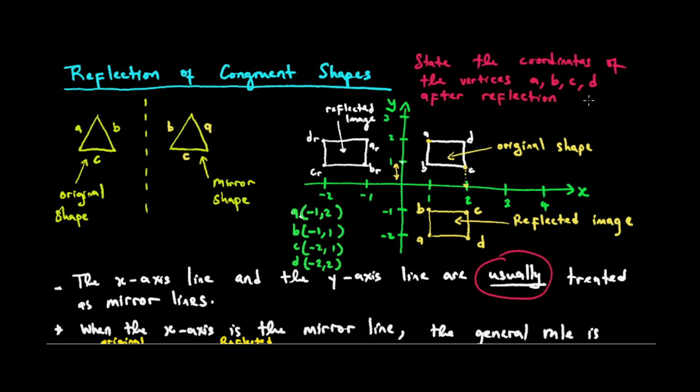In your variety, A, the x-axis is what we started with, B, the y-axis, then there can be what you will learn tomorrow, such as x is equal to 4. So x is equal to 4 is the mirror line. Just to preempt, the line x is equal to 4 looks like this. Alright, see you tomorrow.